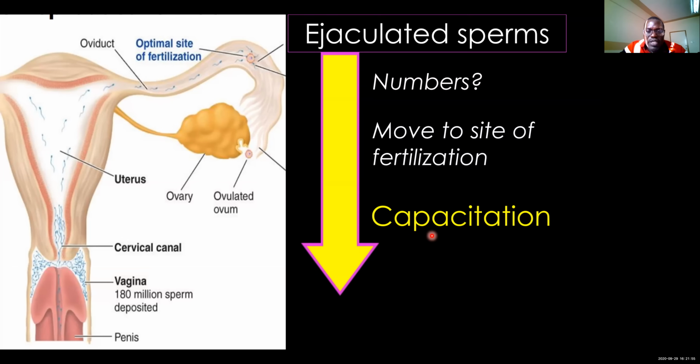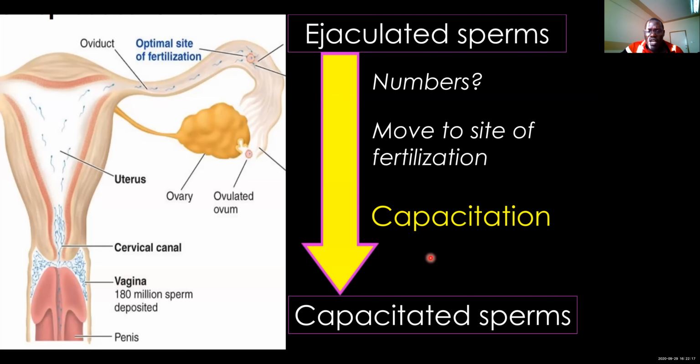So when you remove this glycoprotein covering, it means that the sperm is able to identify the site of the oocyte, at least from a molecular point of view. They're able to see where the oocyte is because their identity molecules have been exposed. And so capacitated sperms swim faster.